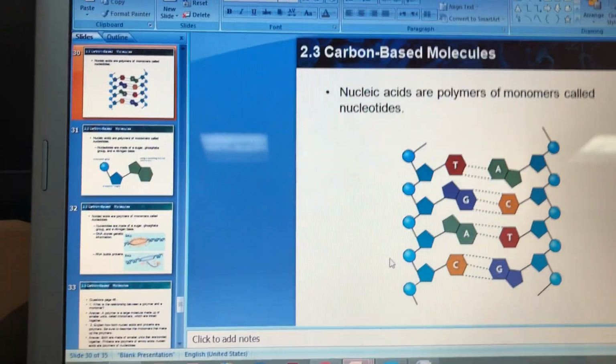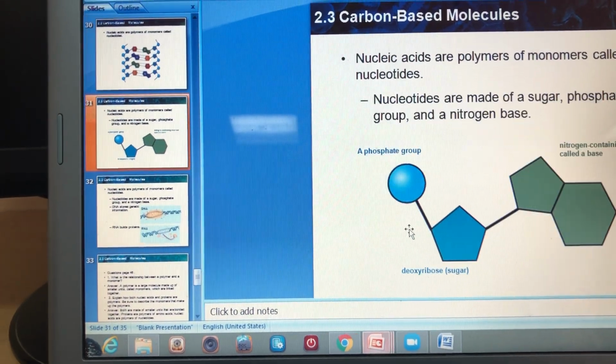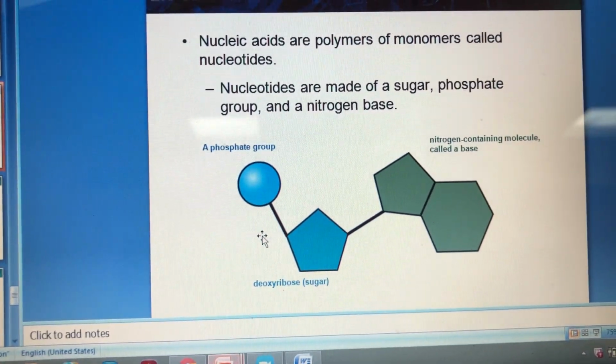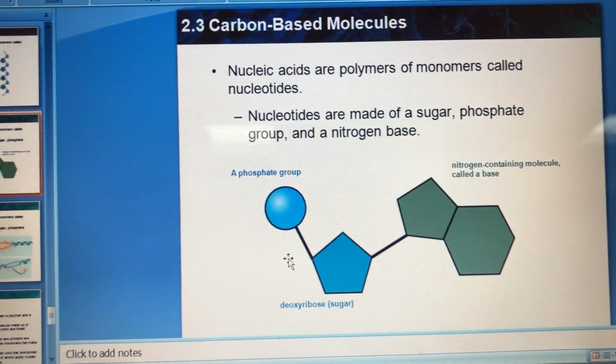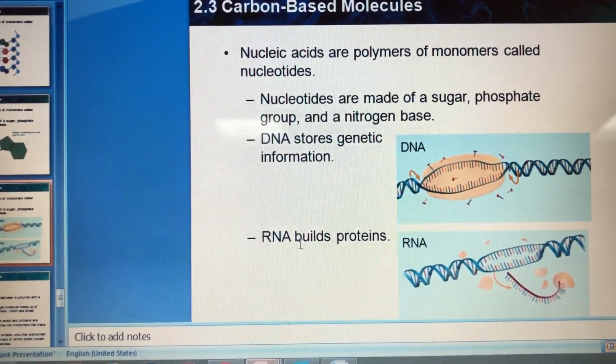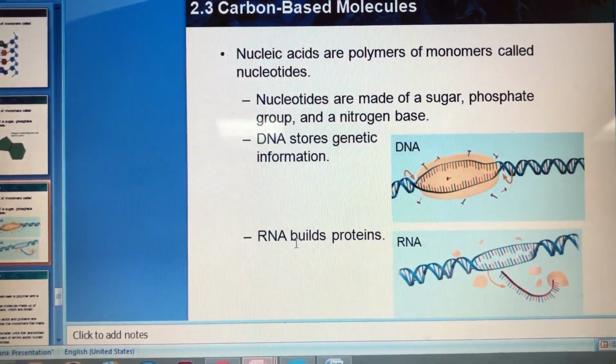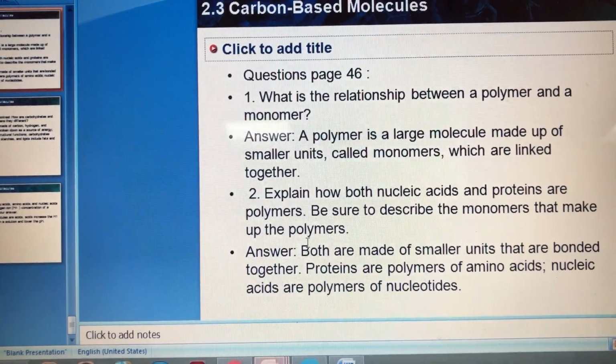This is the nucleotide, as you see here. We have 2 types of nucleic acids, RNA and DNA. DNA stores genetic information, genetic material, while RNA builds proteins.